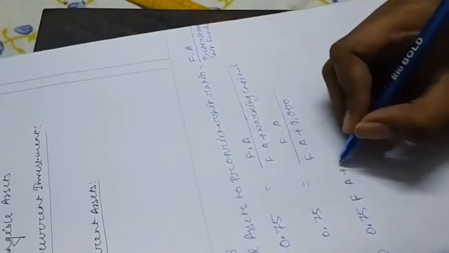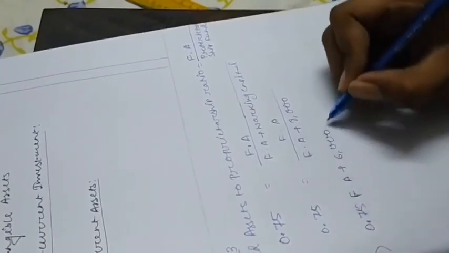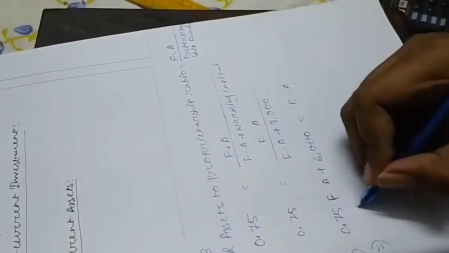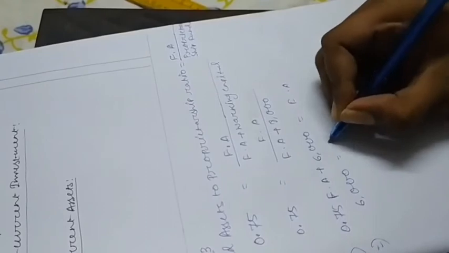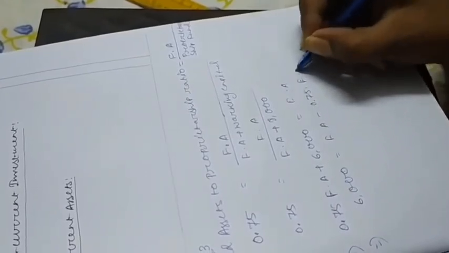That is 6,000, and this is fixed asset. So here it is 6,000 equals fixed asset minus 0.75 fixed asset.